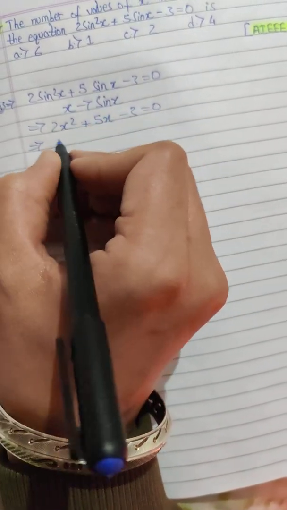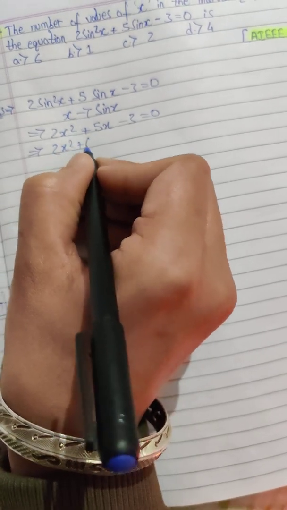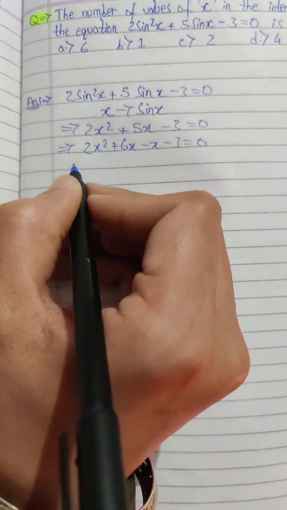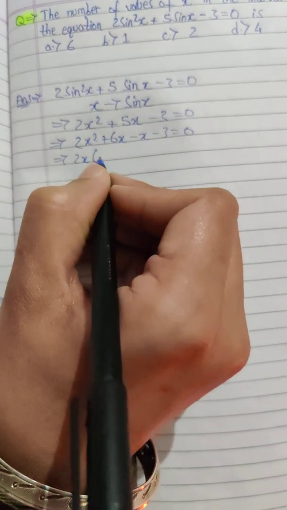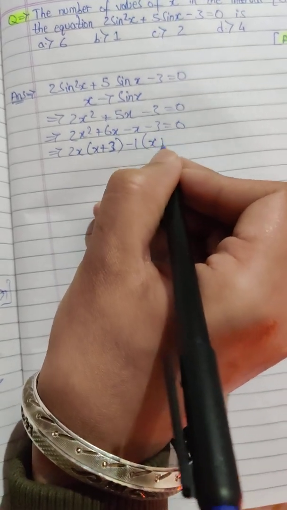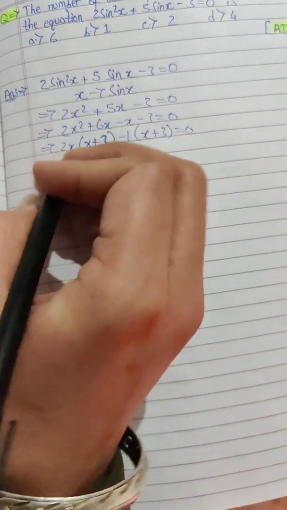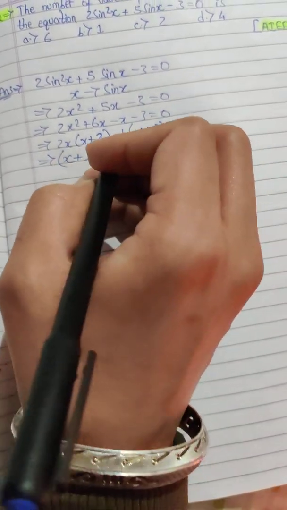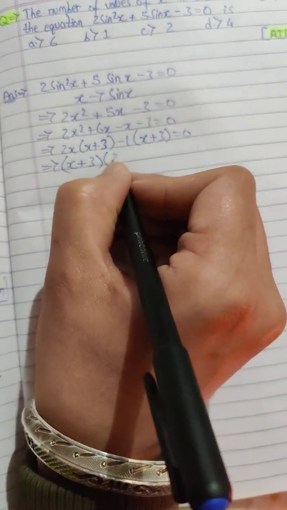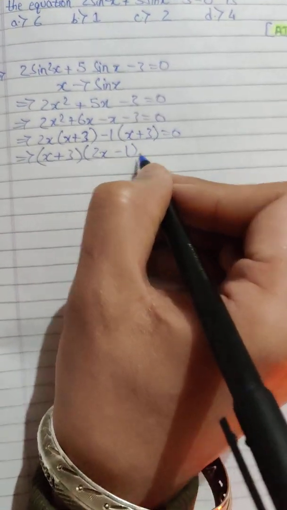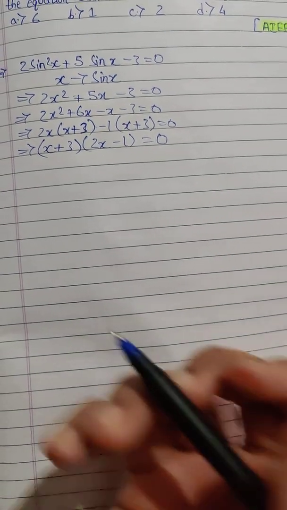Factorizing it, we get 2x² + 6x − x − 3 = 0. We have 2x(x + 3) − 1(x + 3) = 0. Taking common (x + 3), we have (2x − 1)(x + 3) = 0.